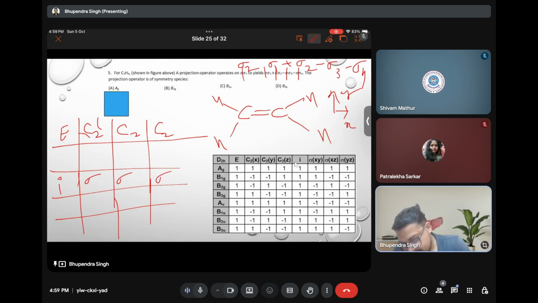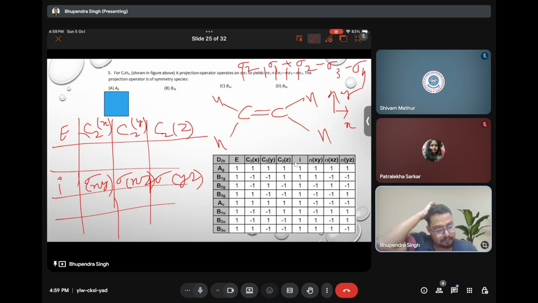So this is x, this is y, z, this is xy, this is xz, this is yz. Fine. So after applying the E symmetry operation, what will be the character?